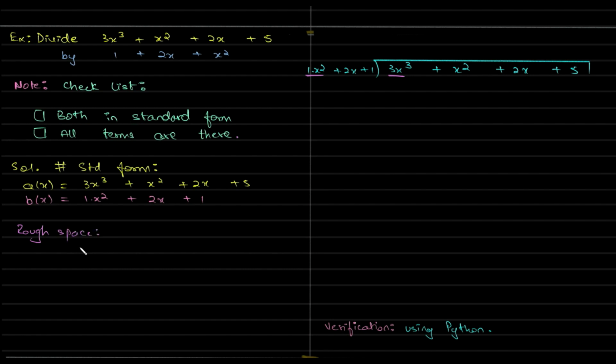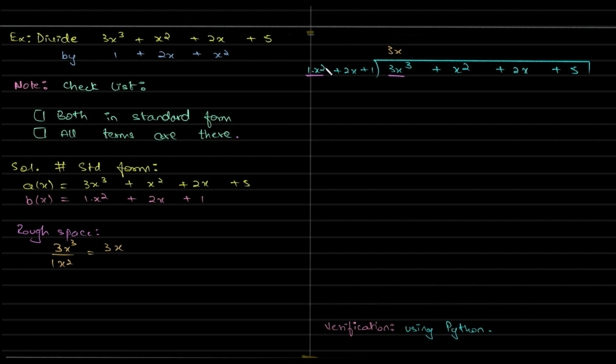So we're looking at dividing 3x cube by x square. So 3 divided by 1 is 3. x cube divided by x square is x. So we have 3x. The next step is to multiply 3x with all of this and write it over here.